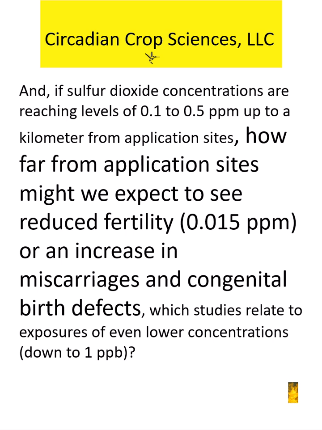how far from application sites might we expect to see reduced fertility? Something that wasn't studied. That's only 0.015 parts per million. Or how far from these sites might we see an increase in miscarriages and congenital birth defects? Those studies show even lower concentrations are correlated with those, even down to 1 part per billion.